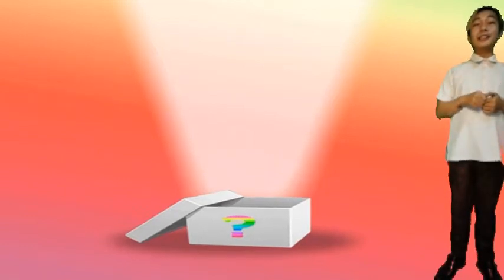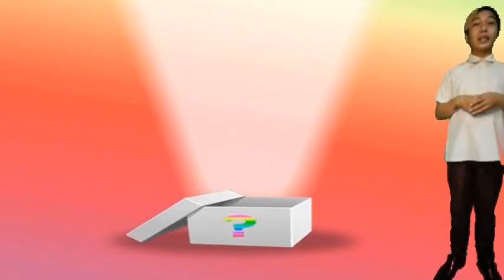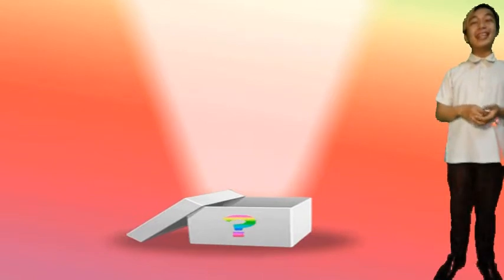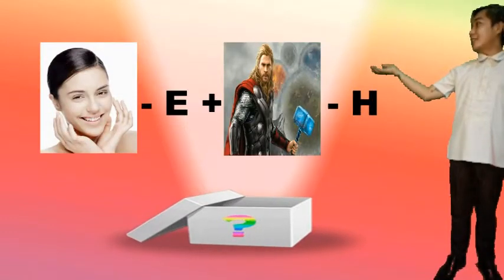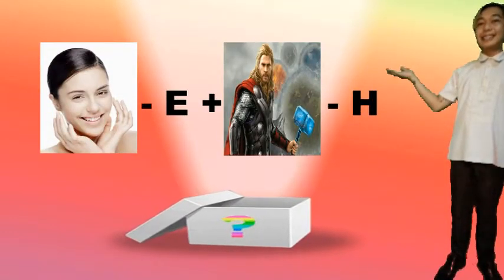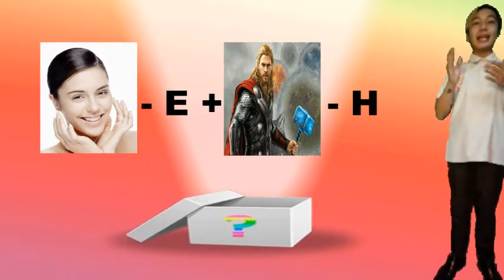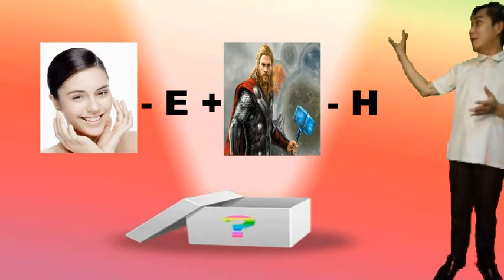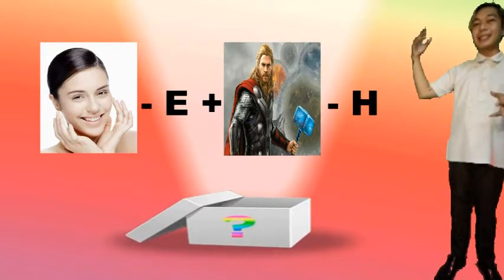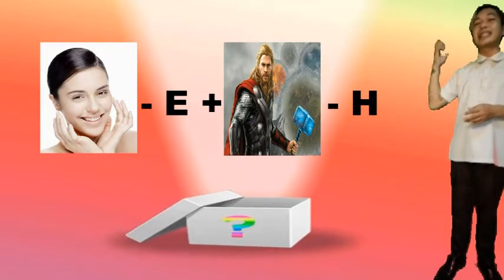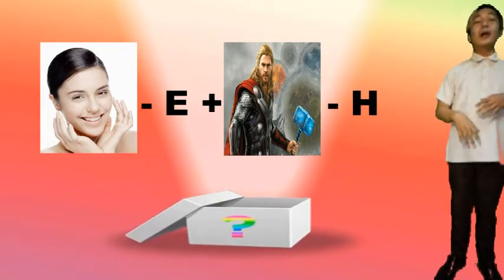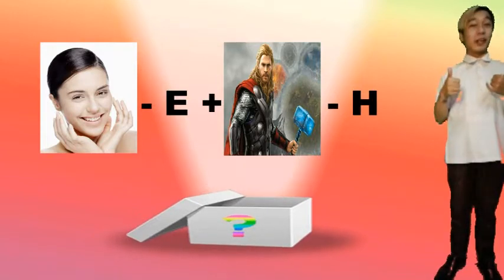First and foremost, we're going to have a trial so that you will determine how to play this game. I have here picture number 1 minus letter E plus picture number 2 minus H. You're going to guess what the picture is, then deduct the letter, then add another picture, and again deduct the letter, and then determine the word we are looking for.